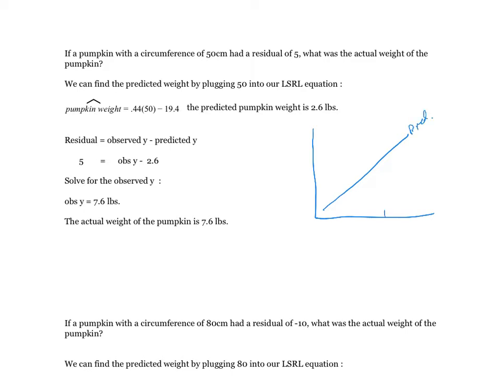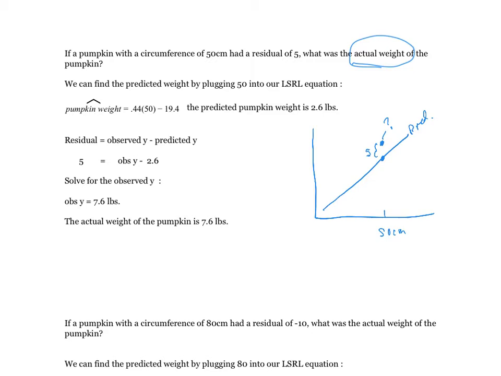And we know that a circumference of 50 centimeters had a residual of 5, which tells us that the actual pumpkin was 5 pounds more than predicted. Now we'd like to know what was the actual weight of the pumpkin, or what was that observed value. Well, what we could do is find the predicted weight and simply add 5 pounds to it.